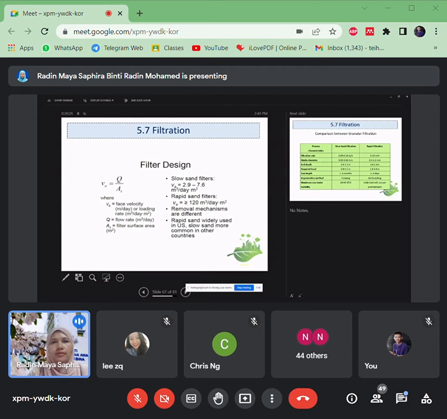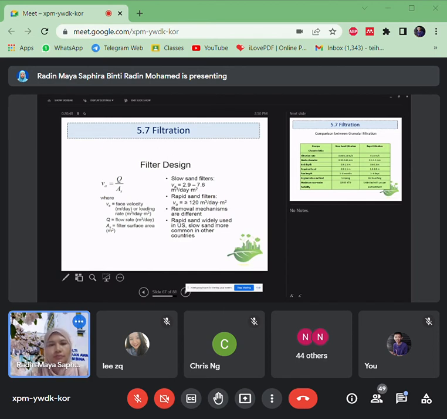Sometimes they use garnet, but it depends on the water quality itself. If there are a lot of industrial areas in that particular area, they need to enhance the filtration process. Maybe they use multiple materials for their filtration.